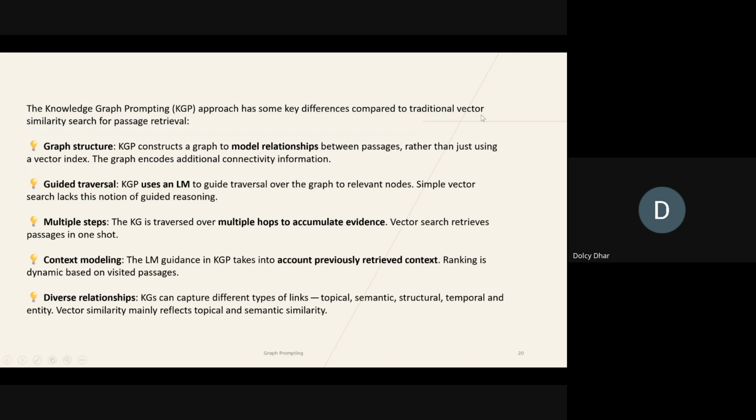I hope everyone knows that vector similarity search is nothing but comparing the vector representation of the text. In a vector representation, you lose a lot of in-depth information, because you are representing an entire sentence or an entire word by means of numbers.